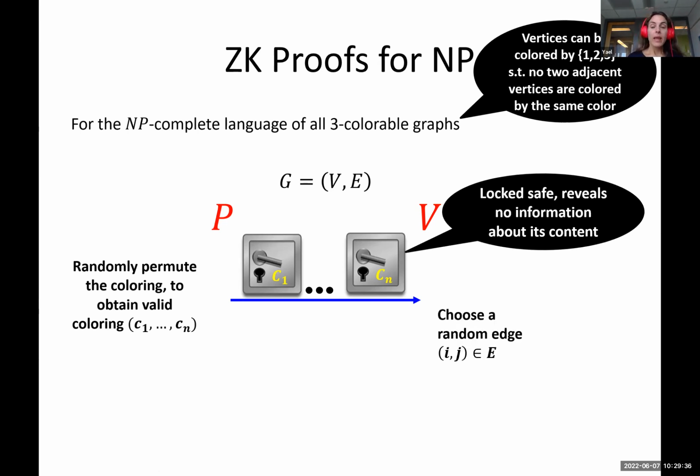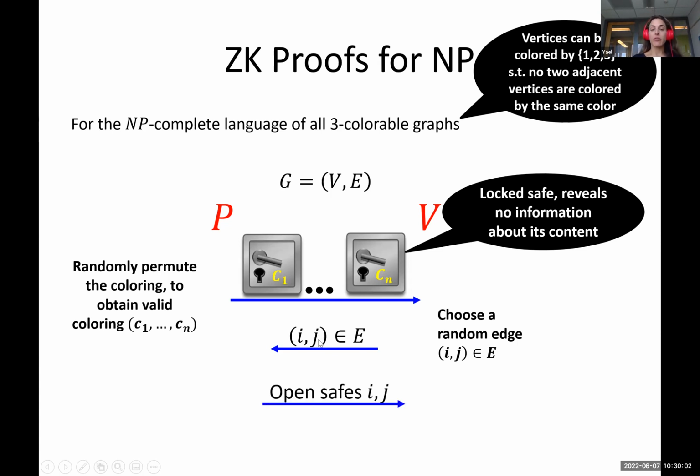Then the verifier chooses a random edge in the graph, let's say two vertices, i and j. He sends the edge, which essentially tells the prover, I want the keys to the ith box and the jth box.